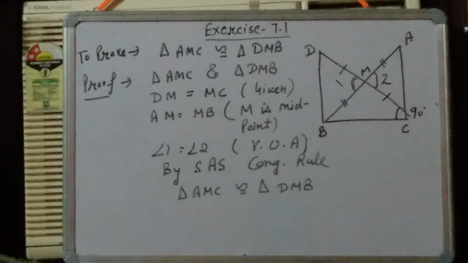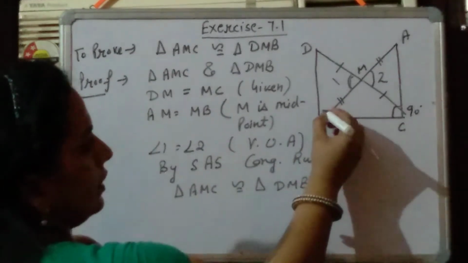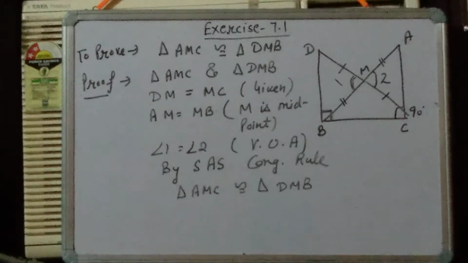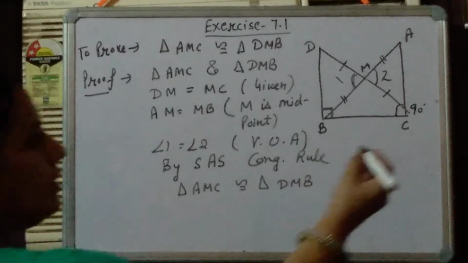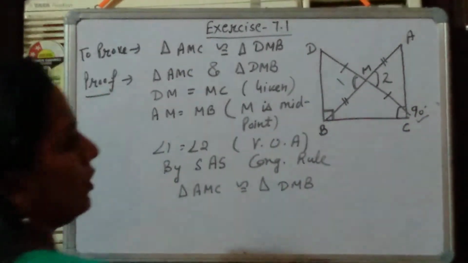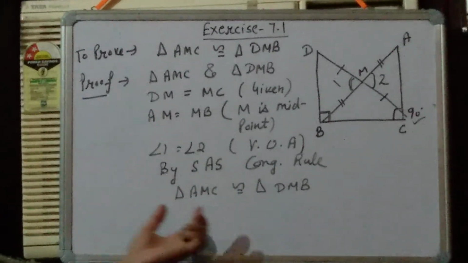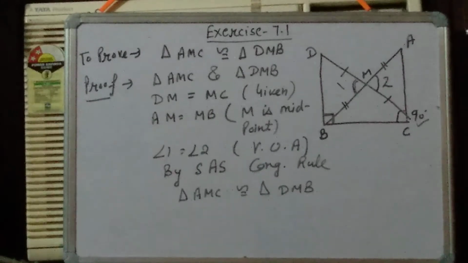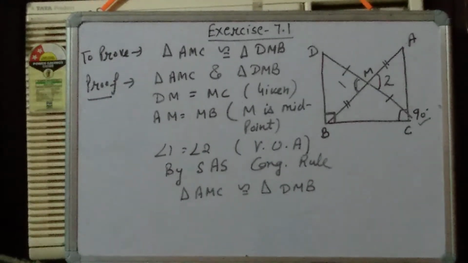Next, we have to show there is an angle of 90 degrees. How can we show? This is given in the statement. Here is an angle of 90 degrees. And here we proved these two triangles are congruent. That means their remaining parts are equal by CPCT.